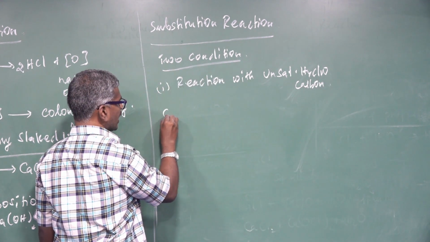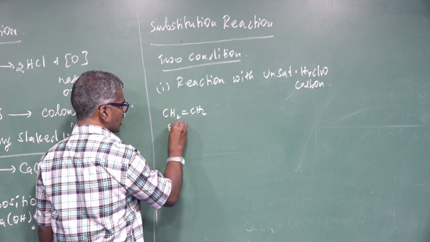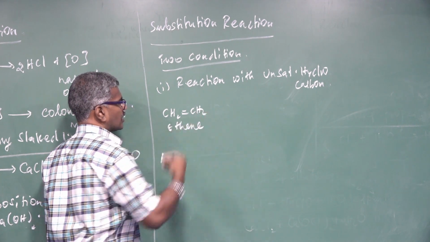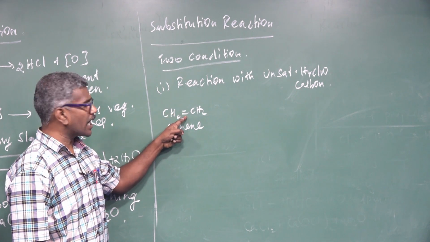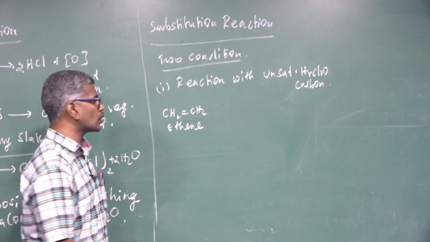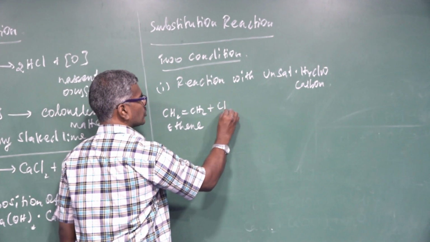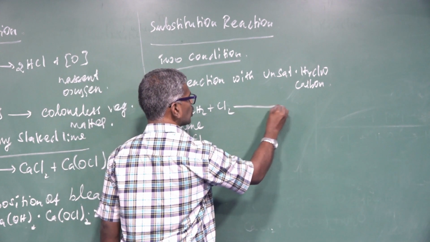What is an unsaturated hydrocarbon? CH2 double bond CH2. This name ethene. In the carbon double bond, one is a sigma bond, another one is a pi bond. Among the 2 bonds, the pi bond is a weak bond. This undergoes cleavage. React with the chlorine, Cl2 at room temperature.